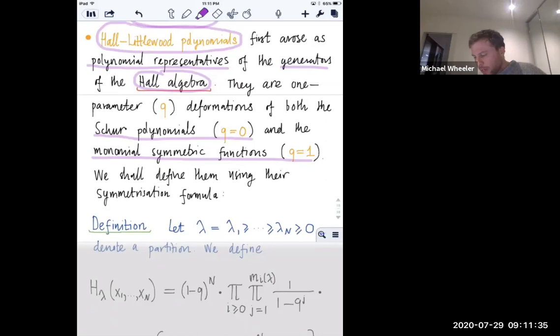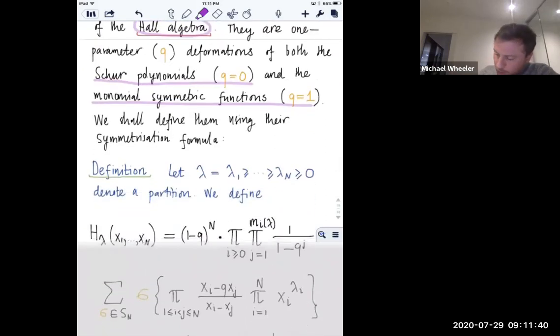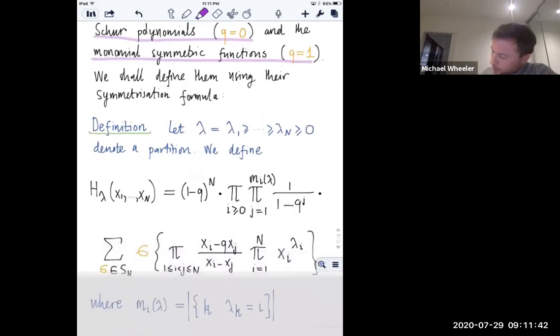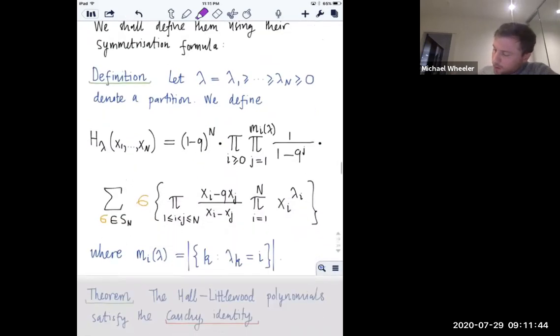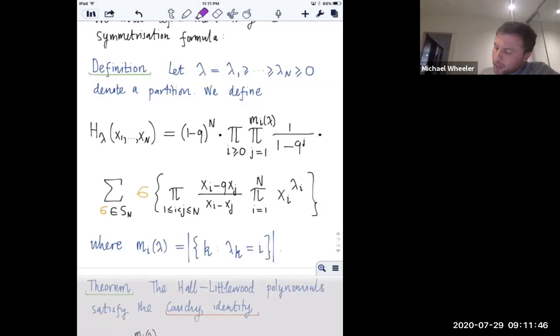As advertised at the start of the talk, they have a symmetrization formula. This is the formula, and we'll take this as our definition of the Hall-Littlewood polynomials.